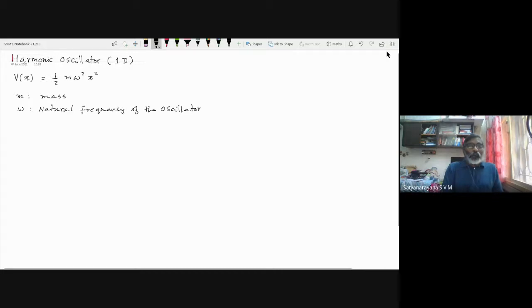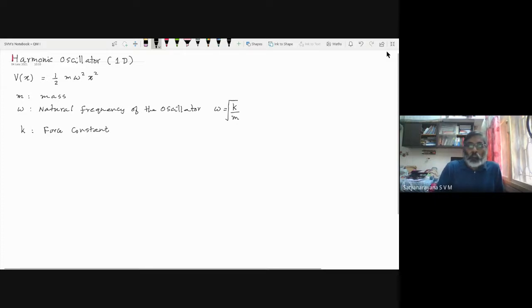In classical problems you might have seen that a typical system is a spring and block, and there is a force constant for the spring, and omega is given by the square root of k by m. So k is called the force constant or spring constant, whatever you call it. Okay, so this is the potential.